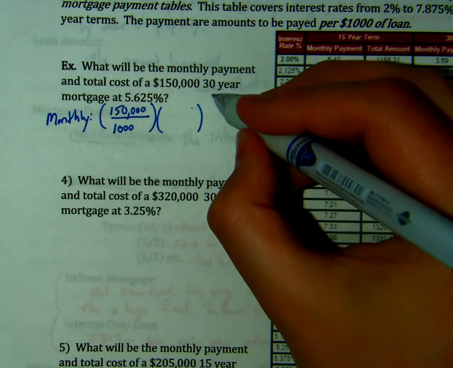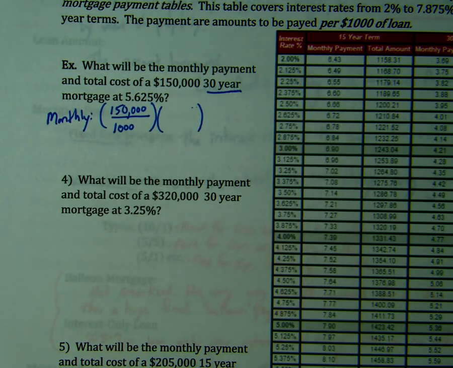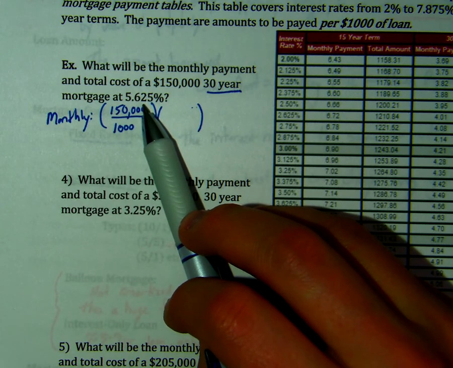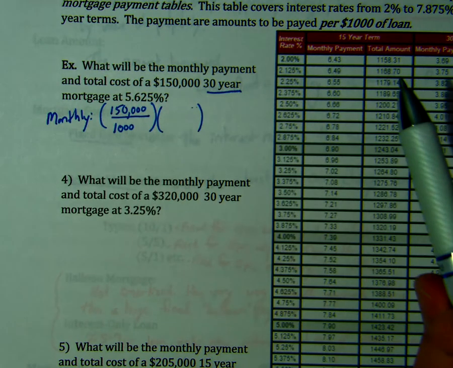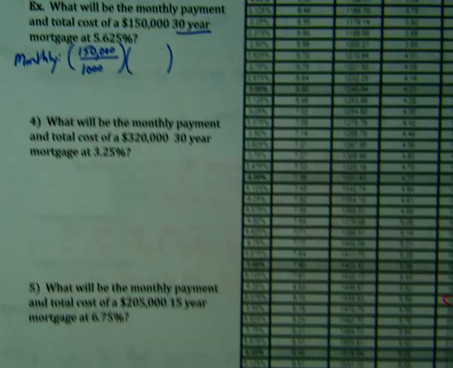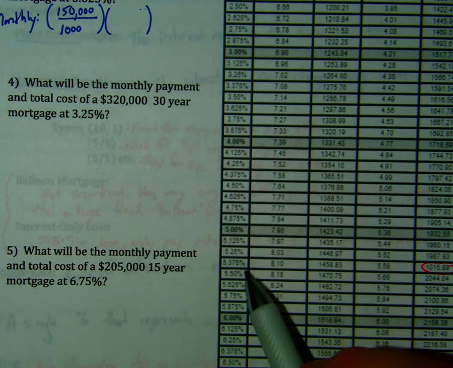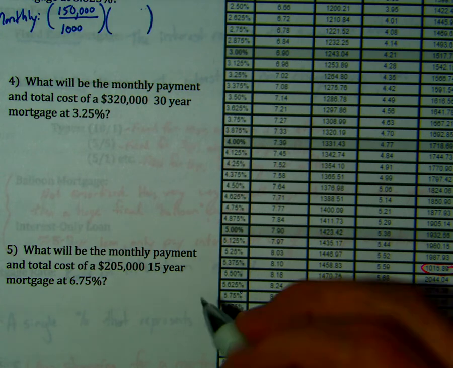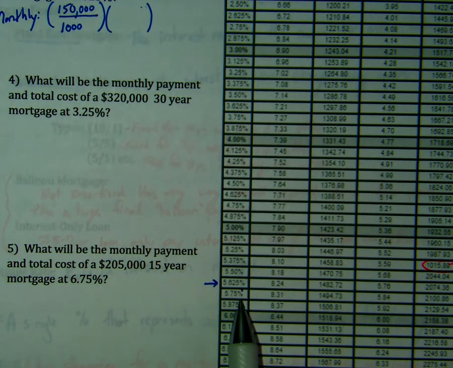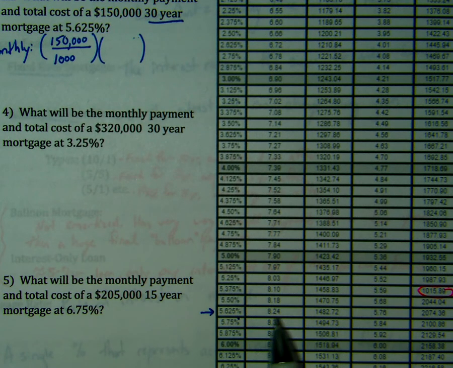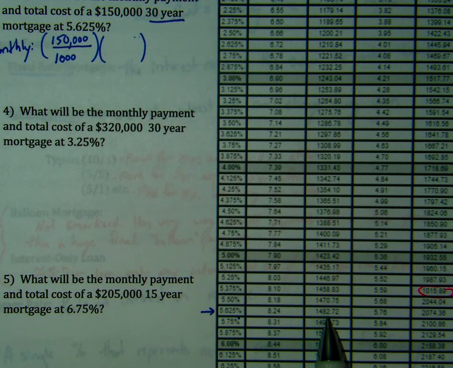So I want to find in the table a 30-year mortgage at 5.625%. Okay, so I want to find 5.625%. 5.625% is right here. So if I read over, the first column here is monthly for a 15-year loan. Then we have the total amount for a 15-year loan.